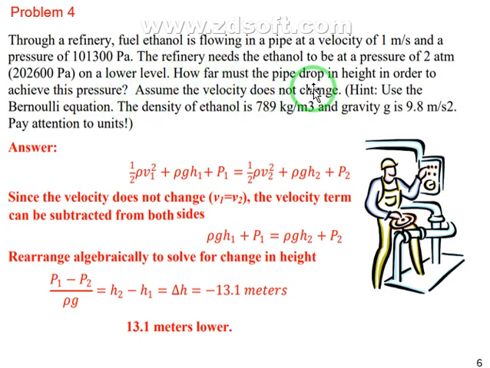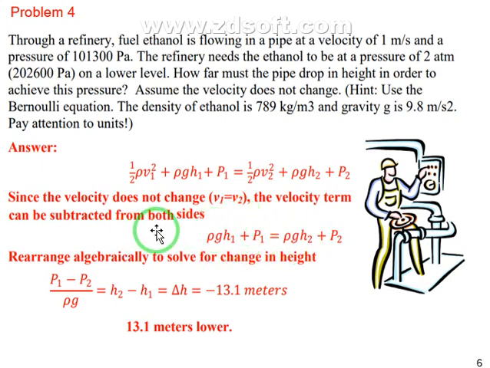Assume velocity doesn't change. We can assume that V1 is equal to V2, and the density of ethanol is 789 kilograms per cubic meter, and the gravity, etc. So we have this equation here. We assume V1 equals V2, done. You see here we keep P1, P2, and rho g h. You see this is like a different form of the equation.